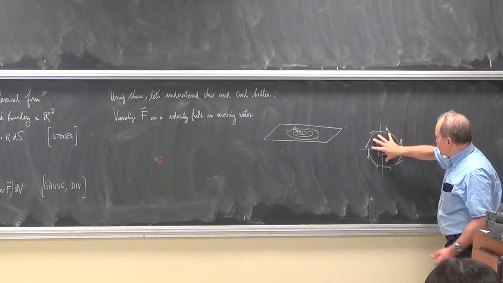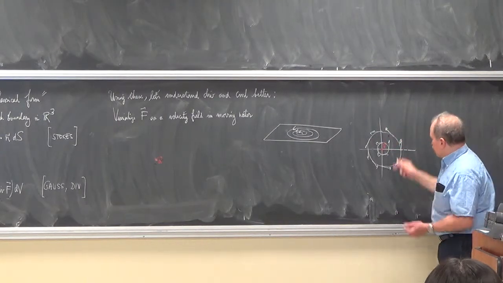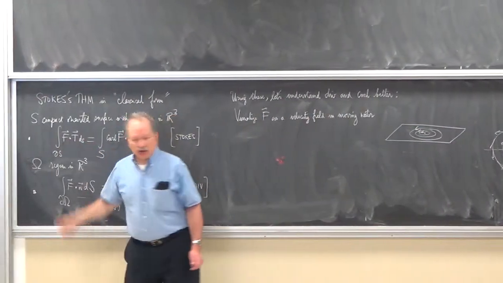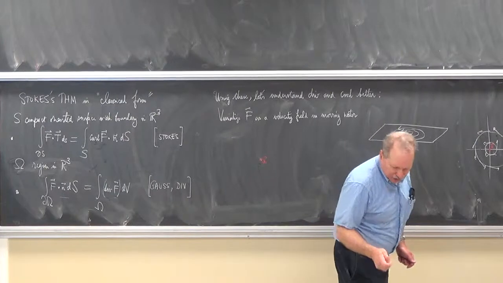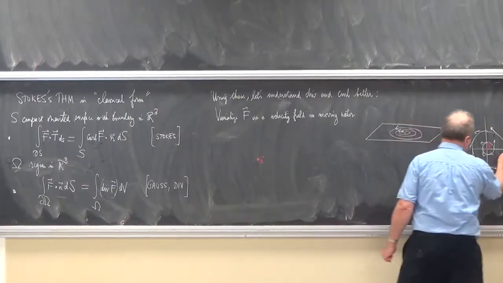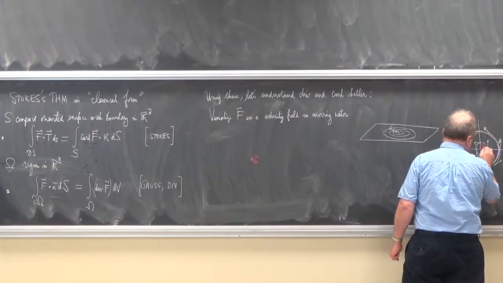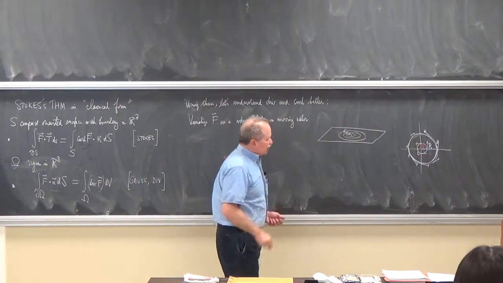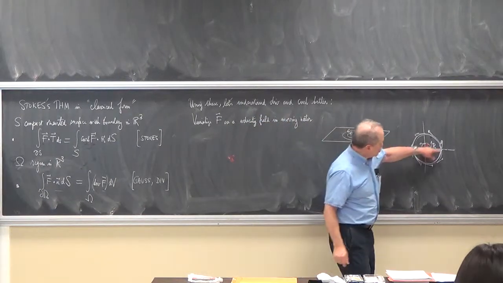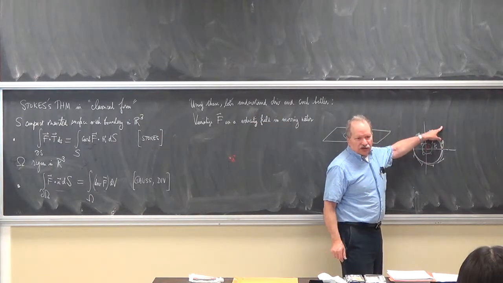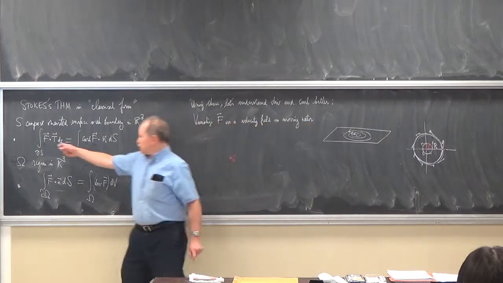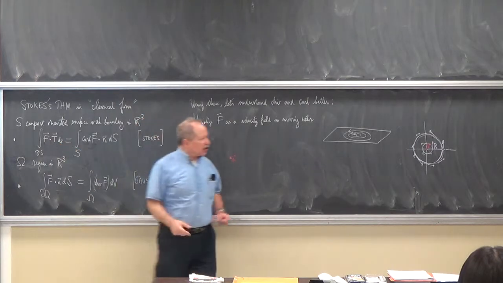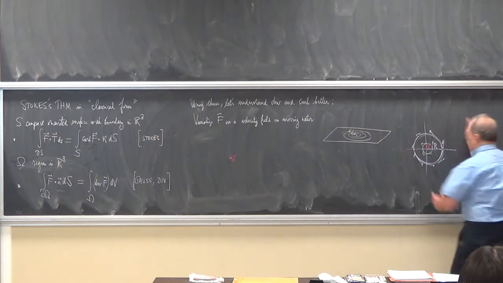So in the case of this picture, where F is tangent to the circles, the work done going around a circle of radius R is just going to be proportional to how long the vector field is, because F is already in the tangent direction. And clearly, as I take larger and larger circles, I do more and more work.